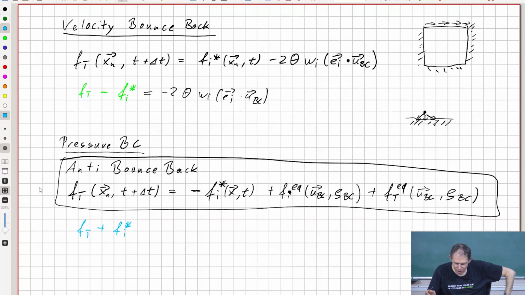So we set the boundary condition for this, and we see this is supposed to be the equilibrium in the one direction plus the equilibrium in the opposite direction.